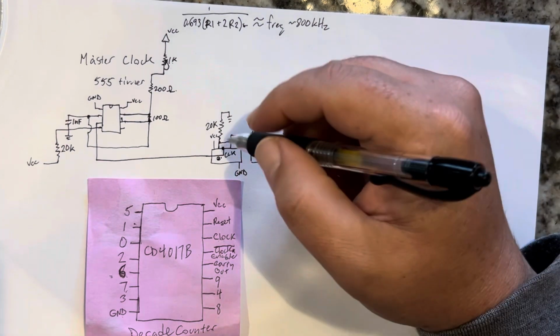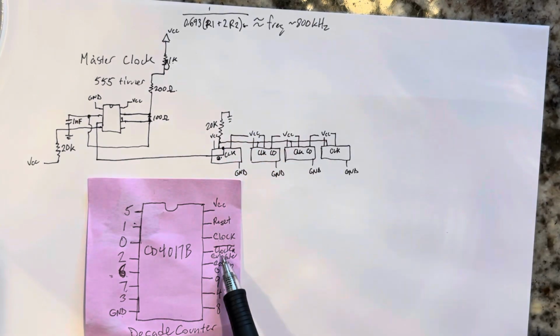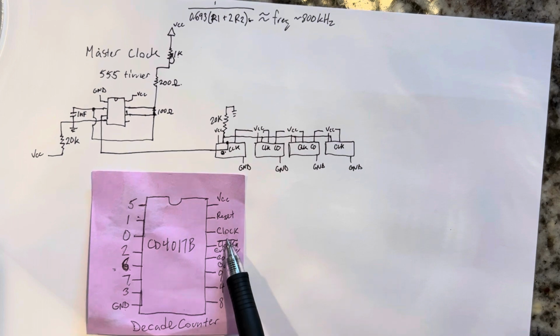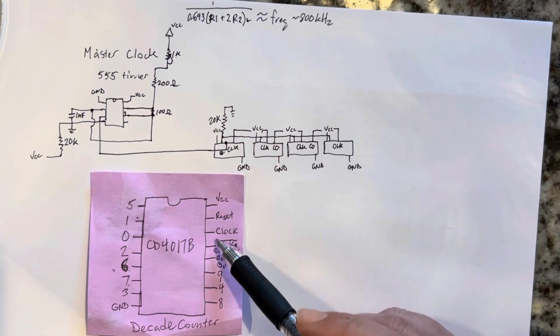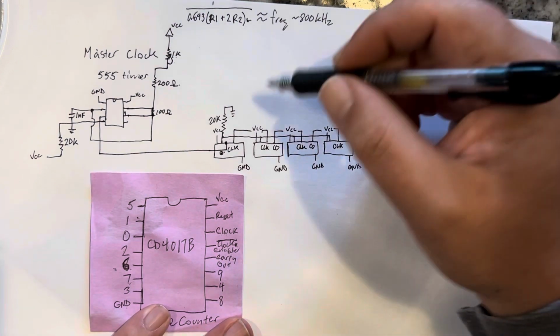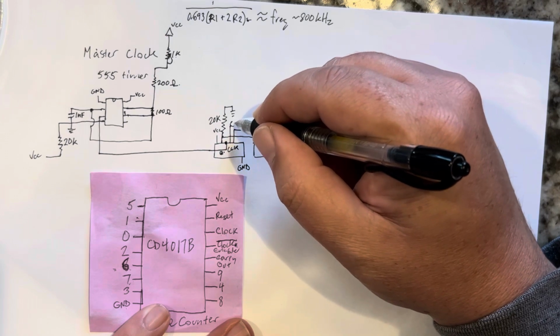Then, obviously the other thing that needs to be connected on all these is the clock enable. In order for the clock to be enabled at any time, it needs to be pulled low. And so I just hardwired all of the clock enables to low.